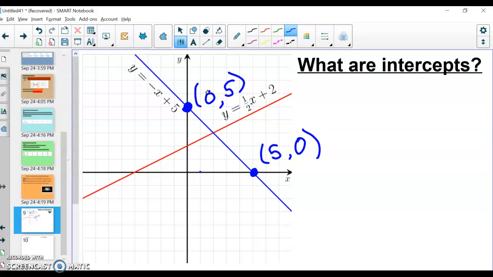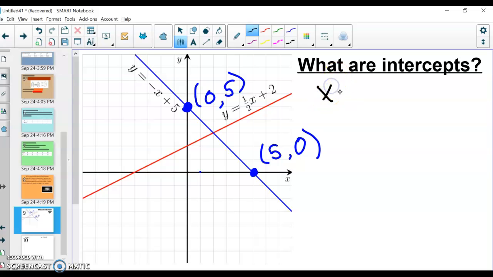Okay, so intercepts again are, where does that line cross exactly on the y-axis and the x-axis? There are two things we want to look for, though, again, when we do the intercepts.